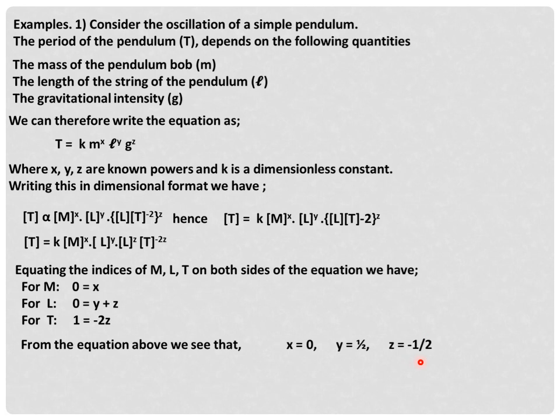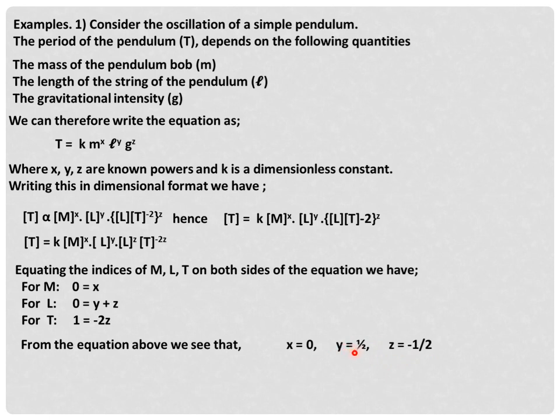If we take z, which is minus half, and substitute it here, we will have 0 is equal to y minus half. Now we carry the minus half across the equal sign, it becomes half. So y is equal to half. So x is 0, z is minus half, y is half.